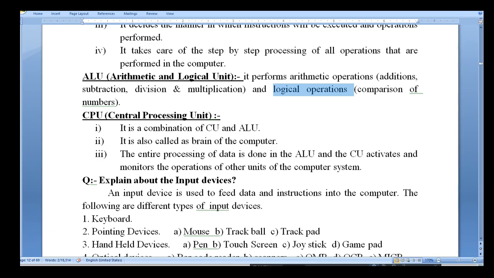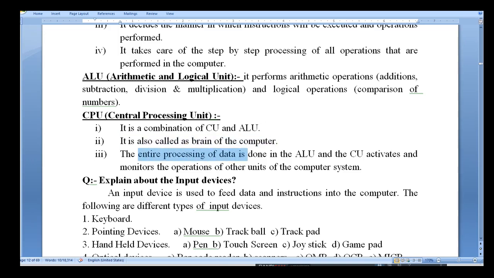So next we will discuss the CPU, that is the central processing unit. Actually, the CPU is made up of silicon material. It contains transistors. CPU stands for Central Processing Unit. It is the combination of CU and ALU. It is also called the brain of the computer.